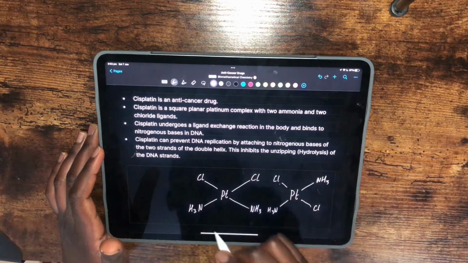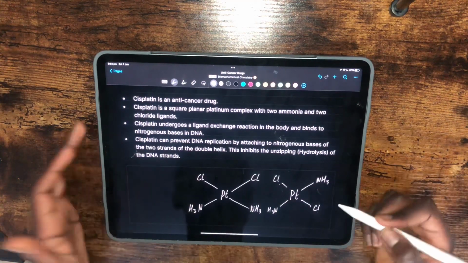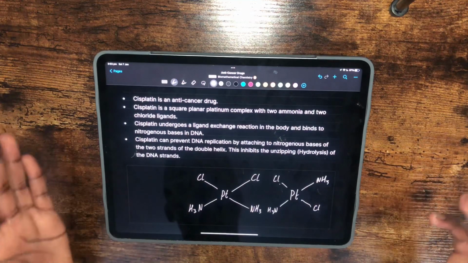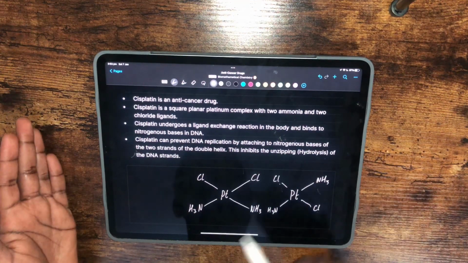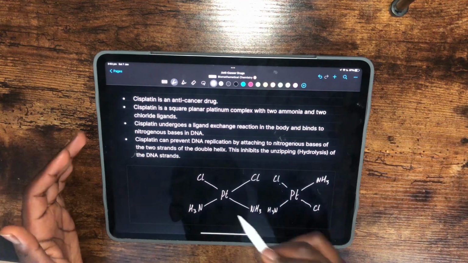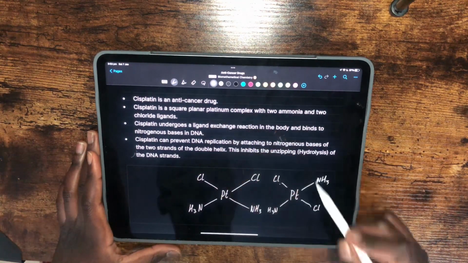Cisplatin is the one that you use, but we also use transplatin. It just depends on the situation that we're using them in, but they're both cancer drugs. But the one you only need to know is cisplatin.